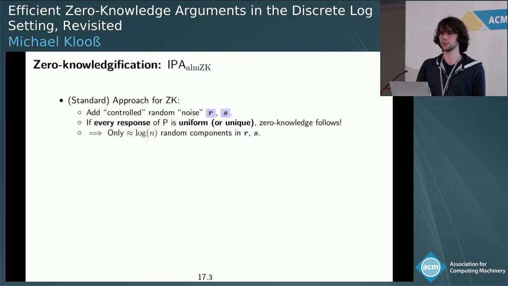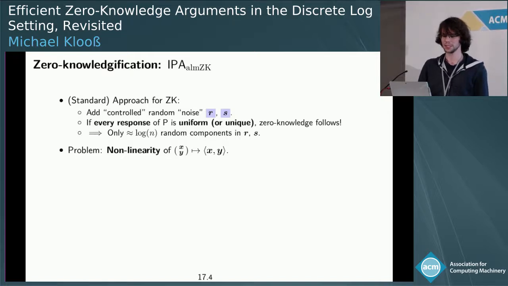And since we have a logarithmic number of rounds, we only need a logarithmic number of random components. And we will use this because if you look closer, you see that inner products are nonlinear. So we have a nonlinear propagation of the error, which is a problem, which we can solve by just requiring very, very nice randomness.